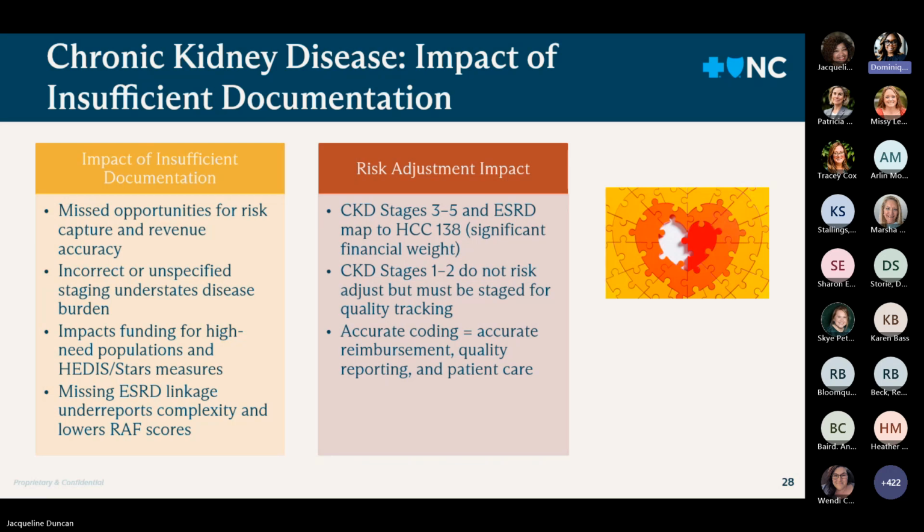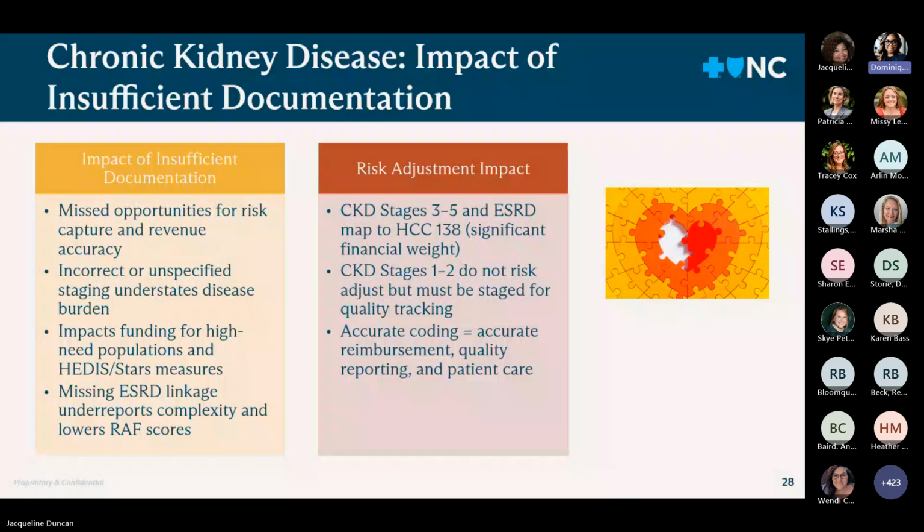This not only affects funding for high need populations, but also influences quality measures such as HEDIS and STARS. Additionally, failing to link end-stage renal disease properly results in underreporting complexity.